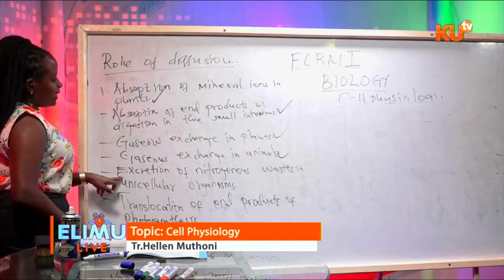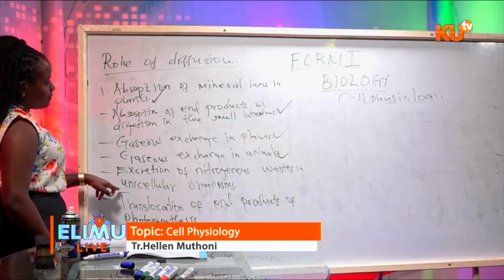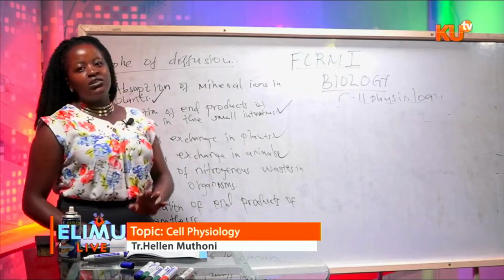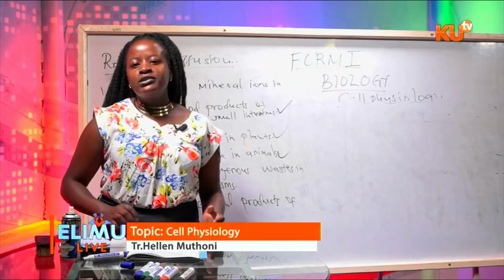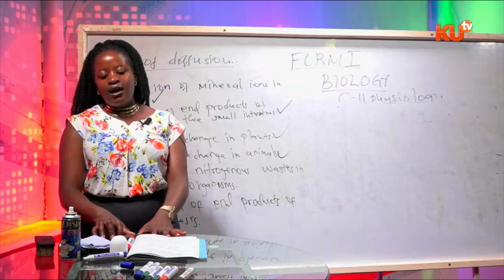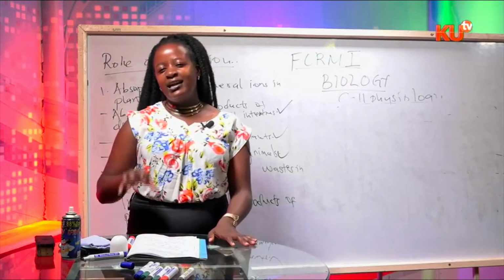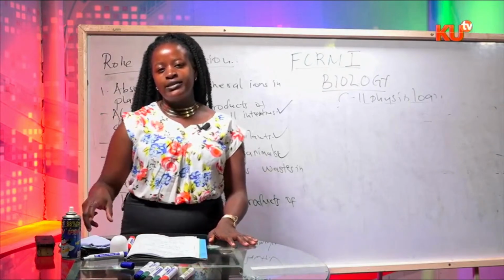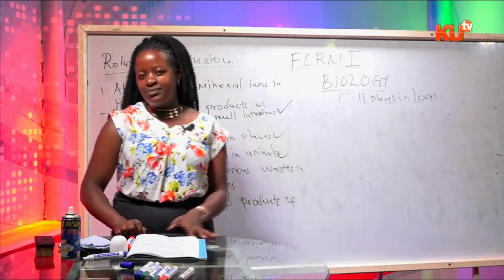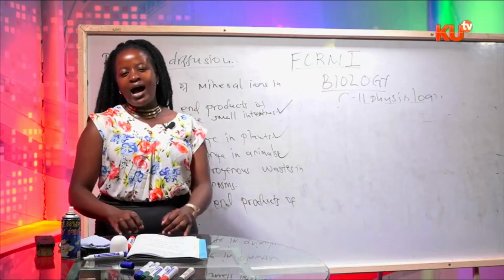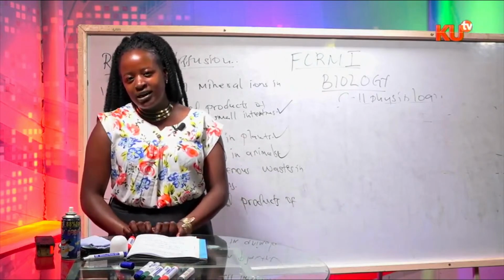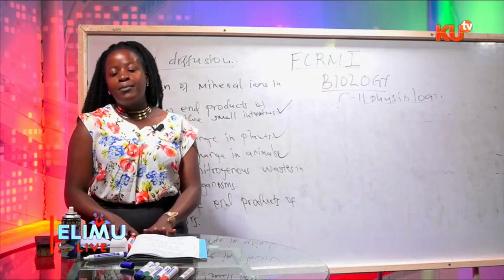We also have excretion of nitrogenous waste in unicellular organisms. Nitrogenous wastes are wastes that contain nitrogen as a component. Unicellular organisms are those that are made up of one cell only. For example, amoeba.